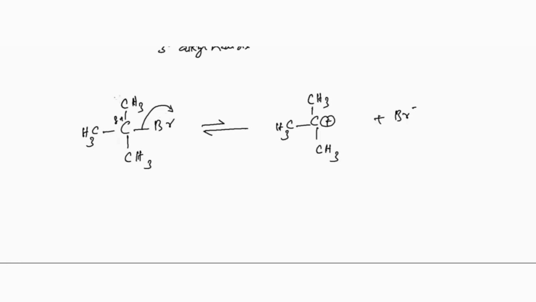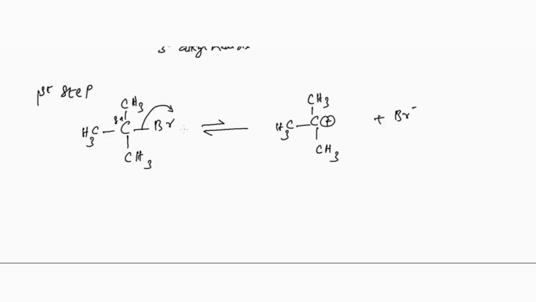But in the tertiary alkyl halide, it is not possible for the nucleophile to attack this partially positive charged carbon. So what happens? The halogen-connected carbon bond gets cleaved by the heterolytic cleavage mechanism, and it forms a carbocation. So this is the first step.